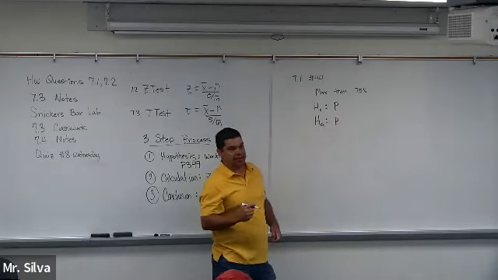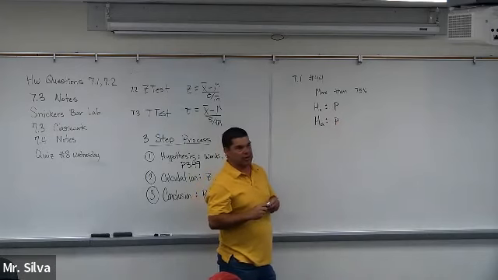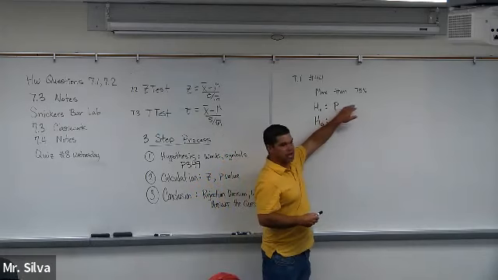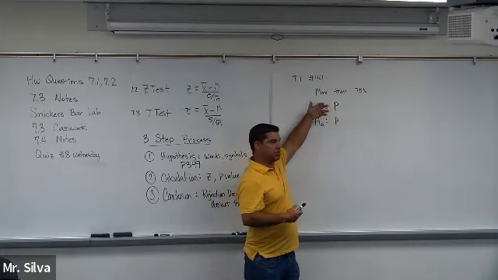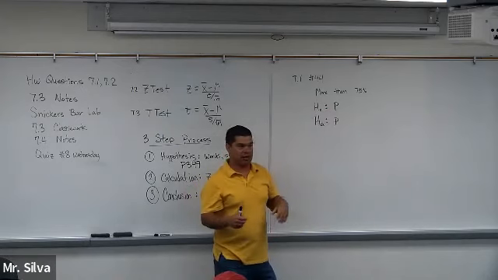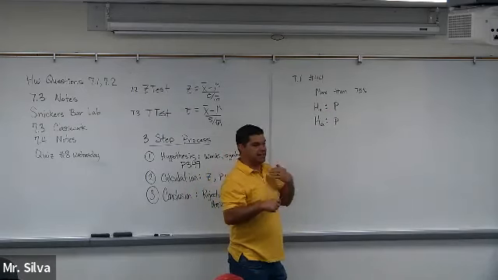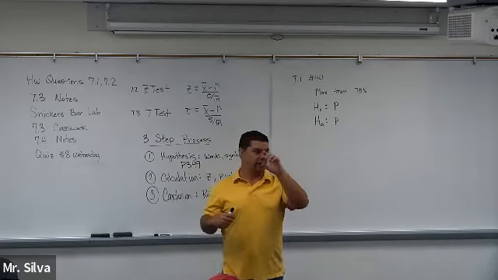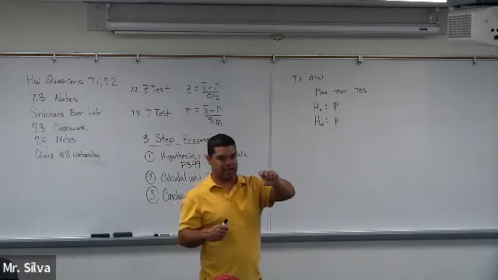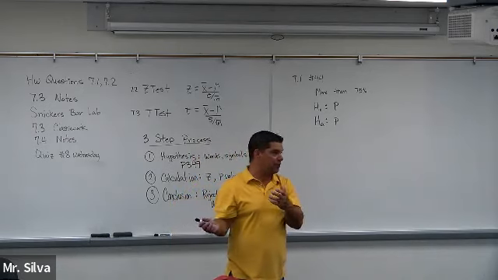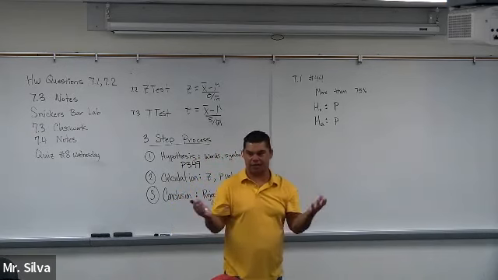Okay, one thing I did not mention yesterday was your equality statement is always going to be on your HO. And traditionally, I like to write them above each other and below each other because that's how the book does it. You could write them side by side. It's funny because in our textbook, they author it to have HO on top, HA on bottom. But then when you read the examples, they put HO and HA side by side, which is kind of funny.